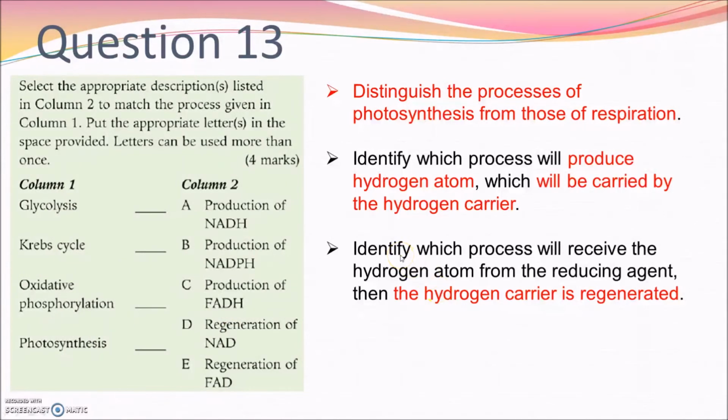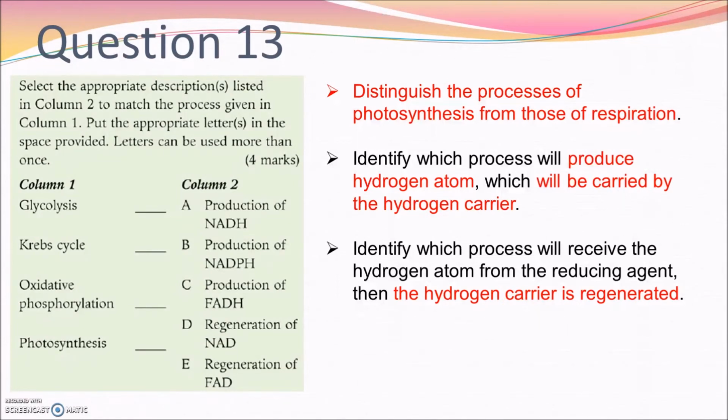And the last one is that we need to identify which process will receive the hydrogen atom from the reducing agent, so that the hydrogen carrier is regenerated. Now remember that, for both respiration and photosynthesis, we have those hydrogen carriers, and they must be regenerated.